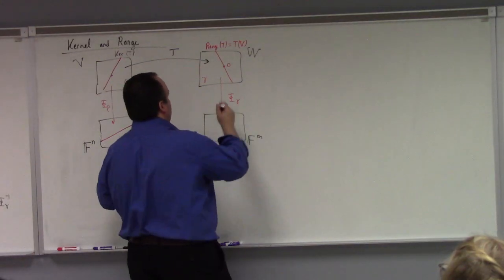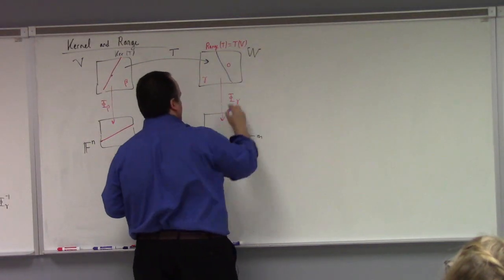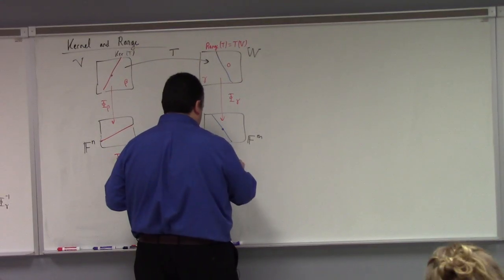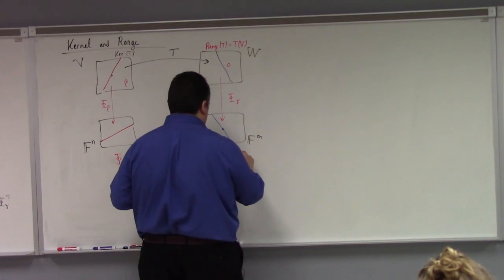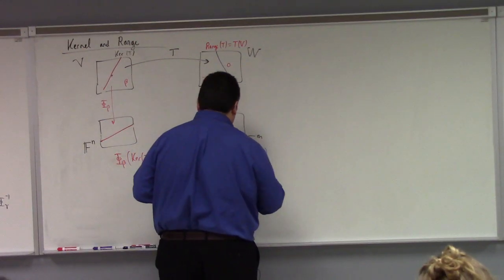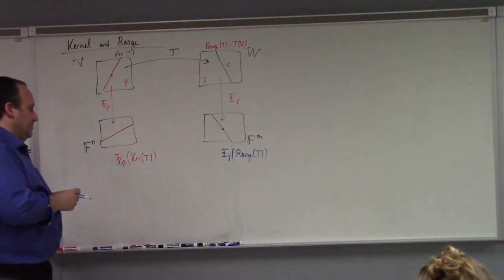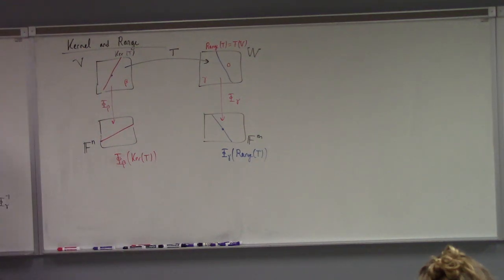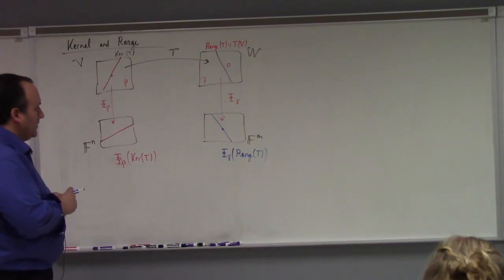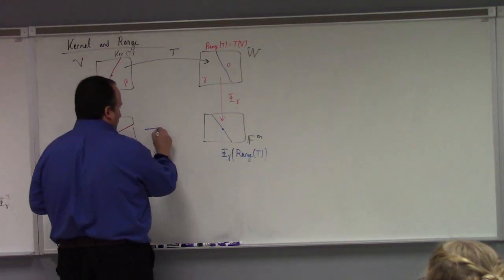And then over here, we have phi gamma of the range of T. Now, of course, we can go from here to here with what?